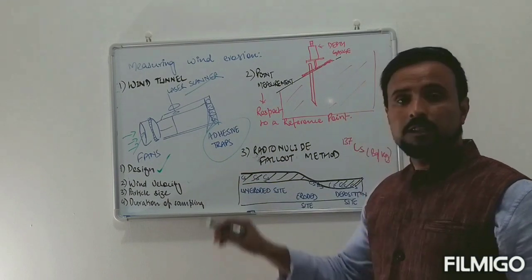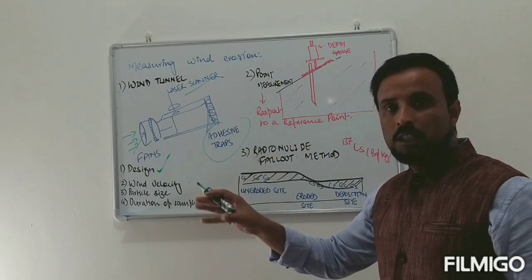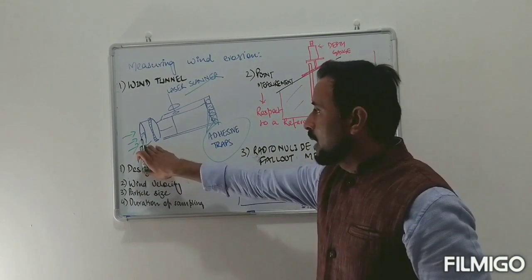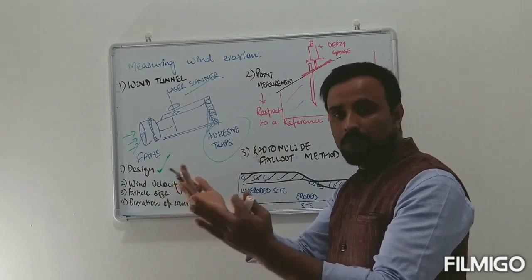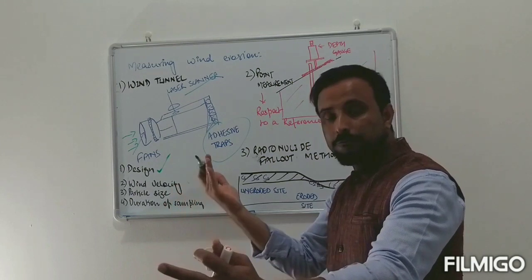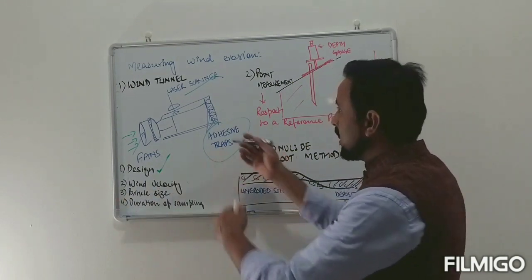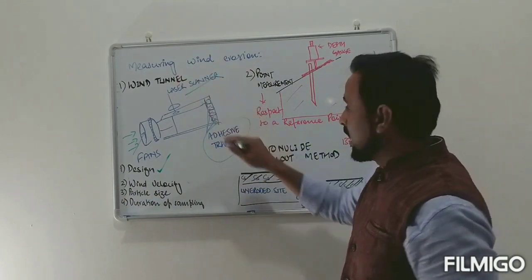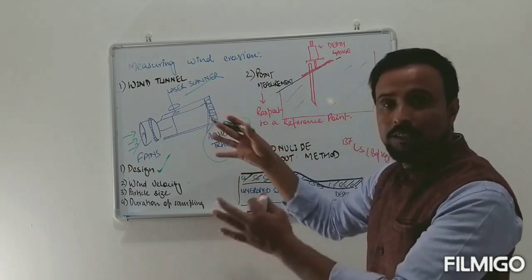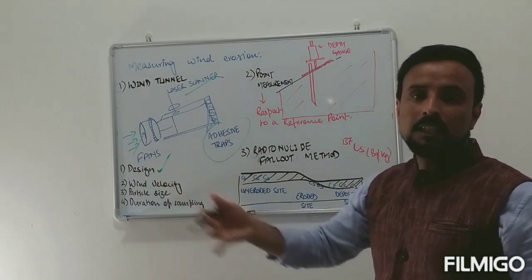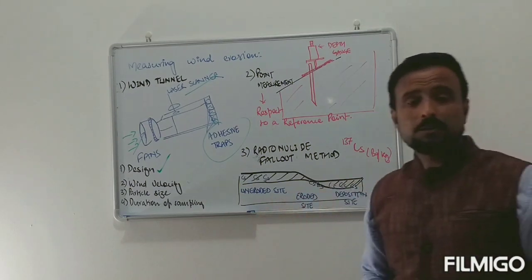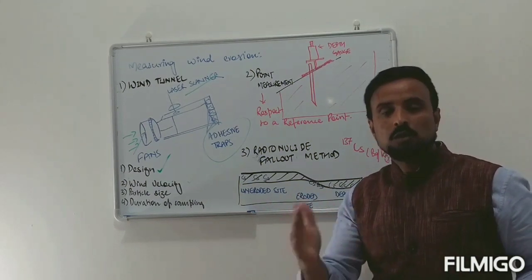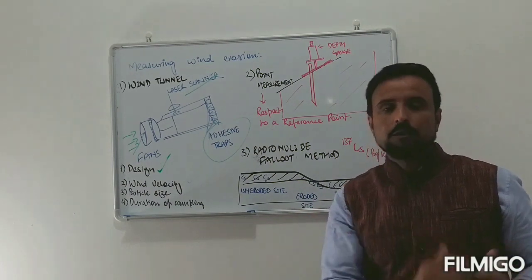Different wind velocities are generated with the help of fans. There are big tunnel-like structures. These fans generate different speeds so that different size particles go inside. They are scanned by laser and collected through adhesive traps, and studied over and over again to know which size particle is moving more with which kind of wind velocity.